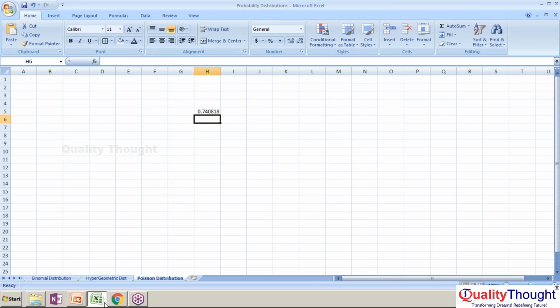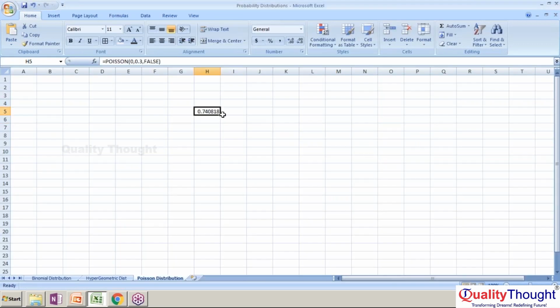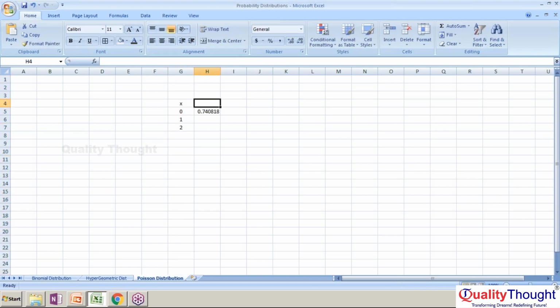So 0.740 is the value. Let me try. Right or wrong? 0.70740. But I just wanted to find how many bags lost somewhere like this. As I told you earlier, I just wanted to make it something like this: X and p of x.